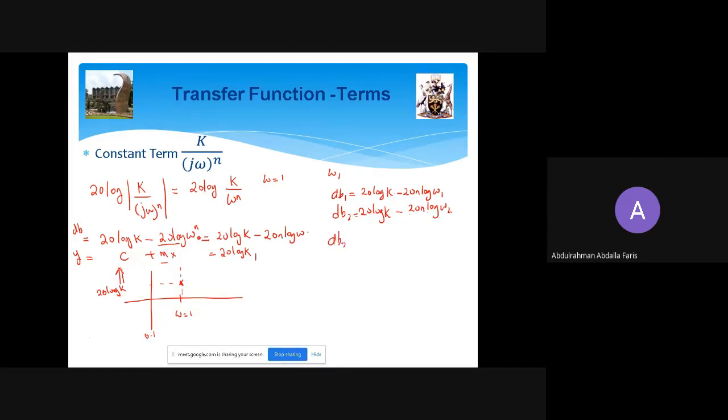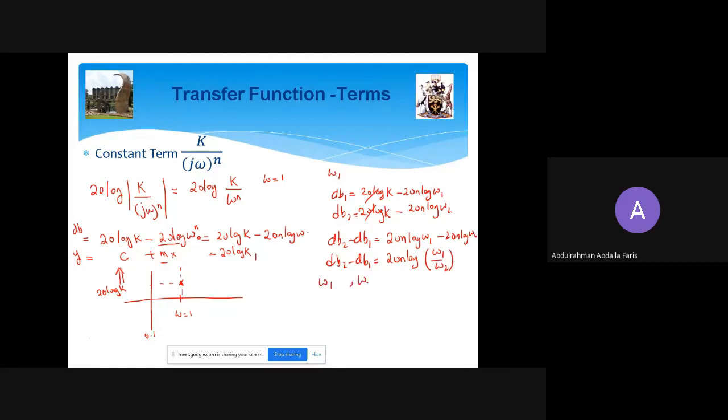If we were to subtract these two, then the 20 log k terms will cancel. We'll have 20n log omega 1 minus 20n log omega 2, which is just 20n log of omega 1 divided by omega 2.